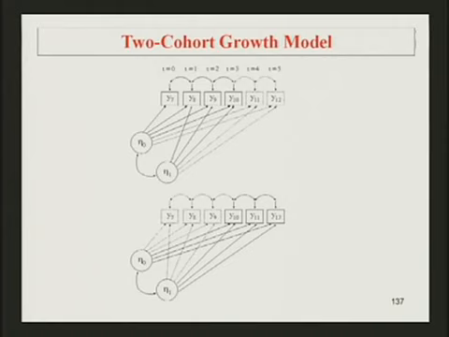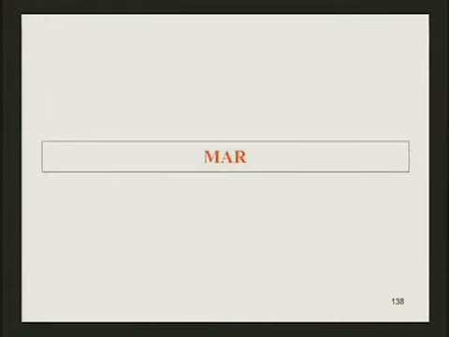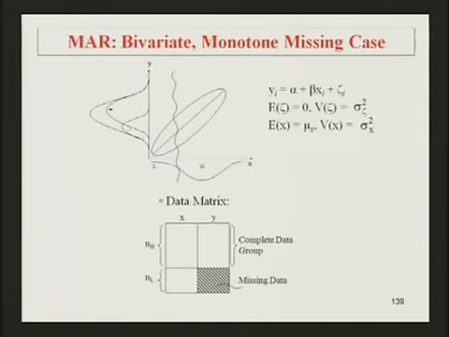And working with the missing data techniques, you're able to have a growth model for all of those time points. Our real focus is going to be MAR, missing at random. So let's take an example to see what the advantage is of doing MAR.